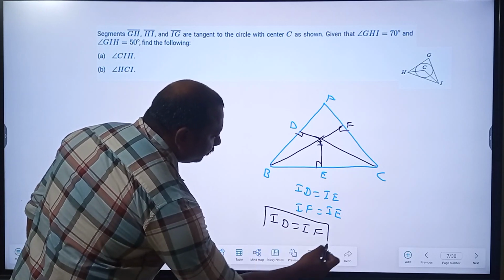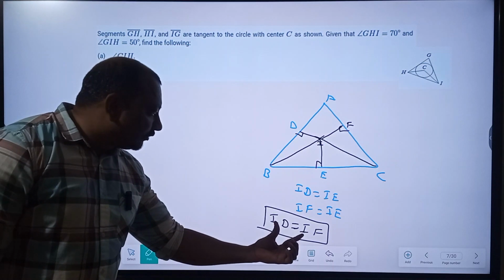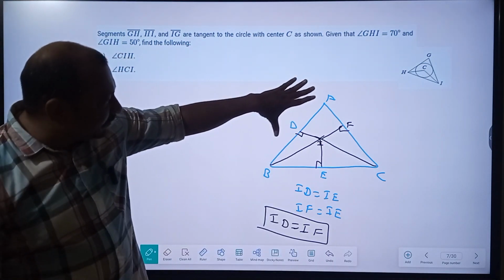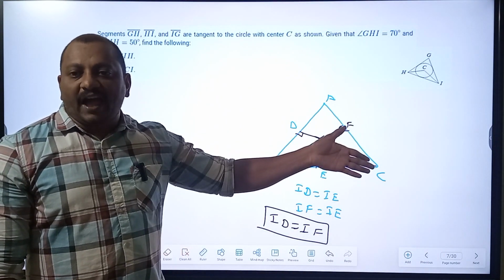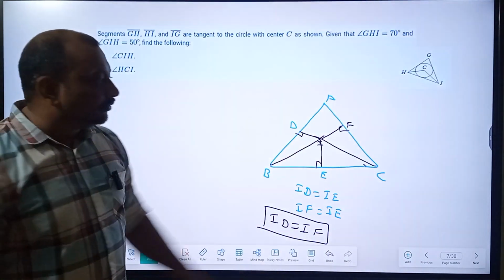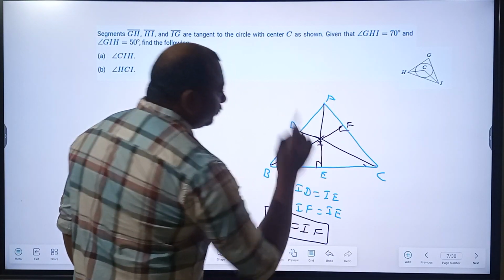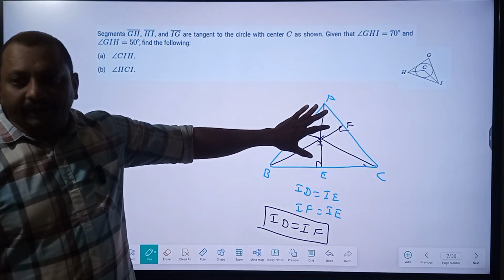ID equal to IF, that is nothing but this point I is also equidistant from the sides AB and AC. So the point definitely lies on the angle bisector of angle A. So the three angle bisectors are also concurrent.